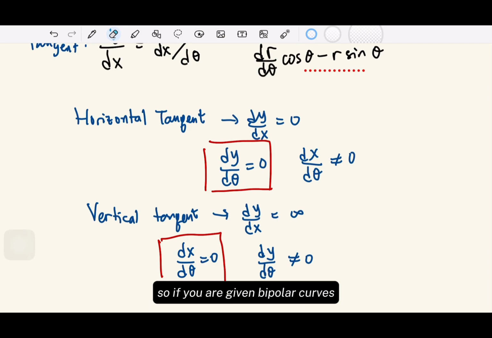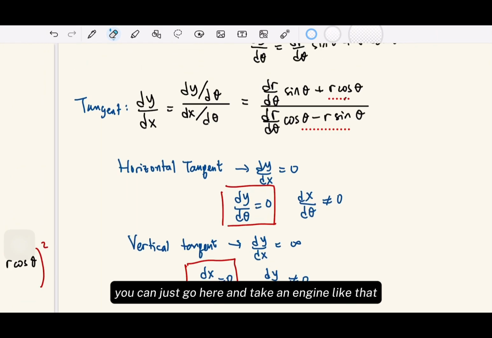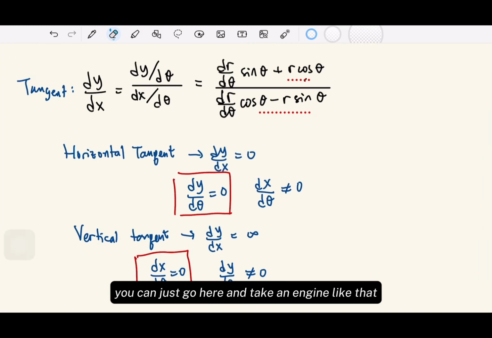So if you are given polar curves and you want to find the tangent, at least there are two ways to solve it. You can just go here and take the tangent like that, and just plug in and then take derivatives and so on and so forth.